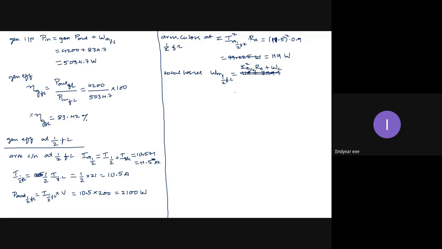This is the reason why we calculated constant losses. Once I know the constant losses, which are composed of shunt field losses, iron losses, and friction losses, just by adding copper losses at that load condition I will get the total losses, which is 119 plus 399.1, equal to 518.1.